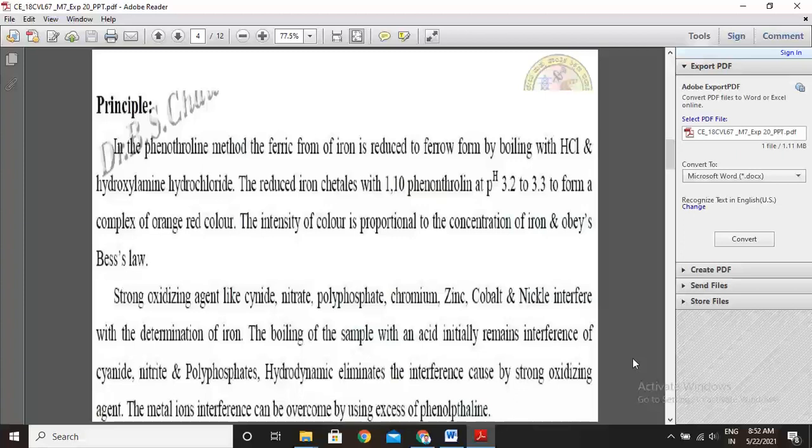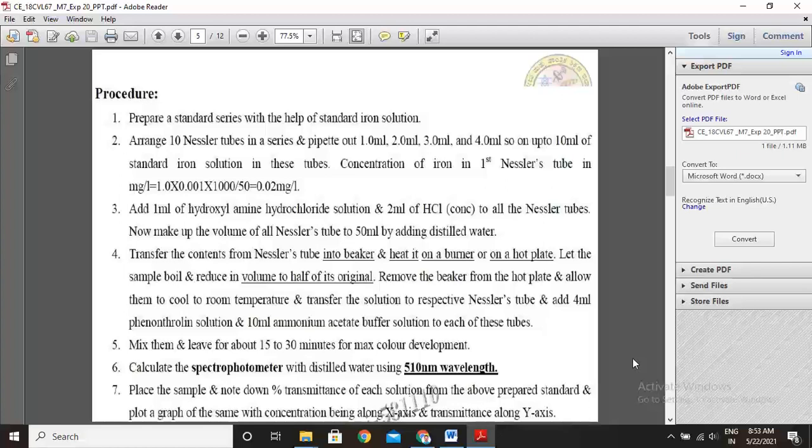The boiling of the sample with an acid initially removes interference of cyanide, nitrite and polyphosphate. Hydroxylamine eliminates the interference caused by strong oxidizing agents. The metal ion interference can be overcome by using excess of phenanthroline. So these are the principles of this iron content experiment.